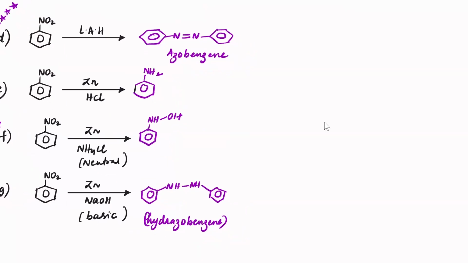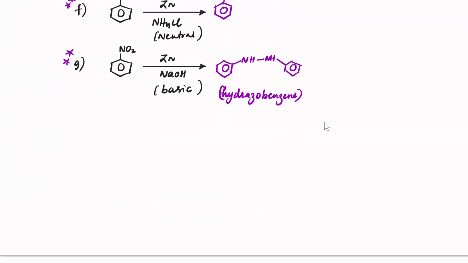Now, as a sequence, let me tell you what is generally happening in the overall reactions. Whenever you have NO2 here, first you will start getting two nascent hydrogens added.